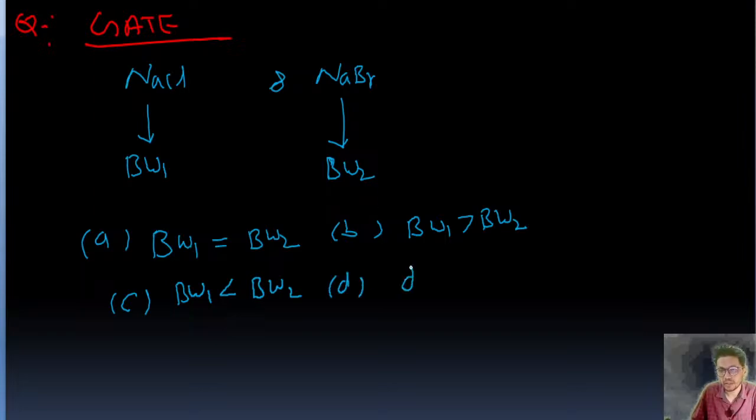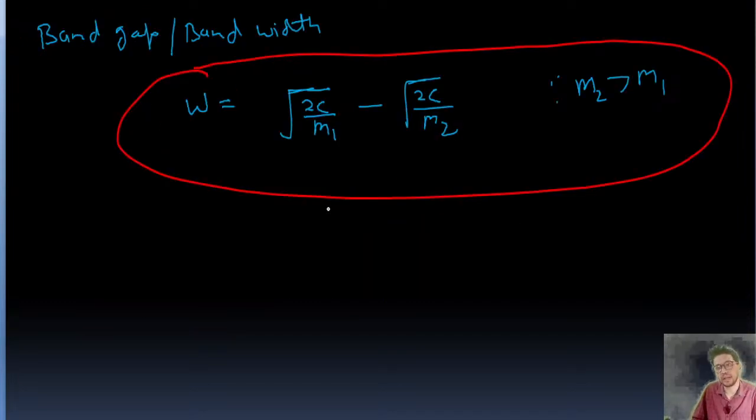Option D: none of these. We need to find the bandwidth of NaCl and of NaBr and compare whether one is greater or they are equal, and we will use this important formula for band gap and bandwidth.